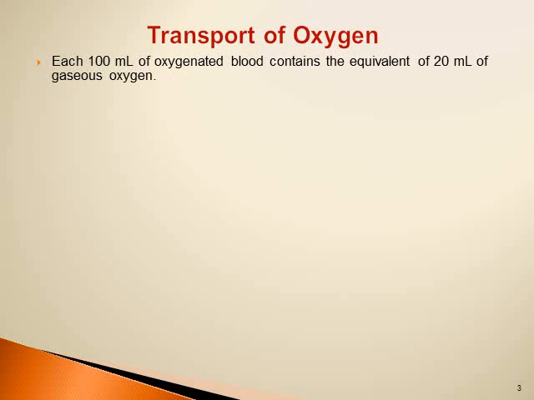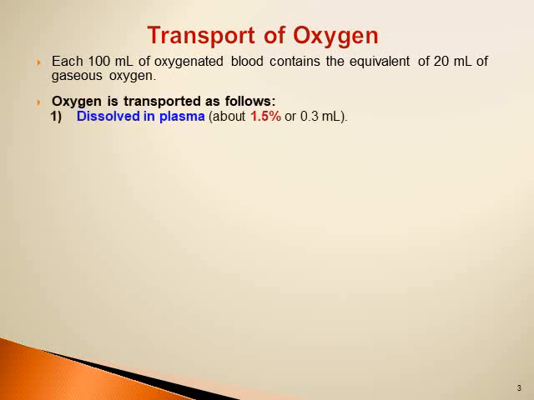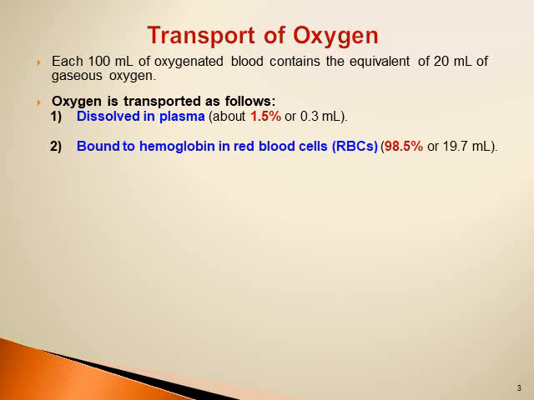This 20 milliliters is transported either in the form of dissolved oxygen in the plasma, which is only 1.5% of the total oxygen transport and represents 0.3 ml out of the 20 ml of gaseous oxygen. The majority of oxygen, which is 98.5% or 19.7 milliliters, is bound to hemoglobin inside the red blood cells.